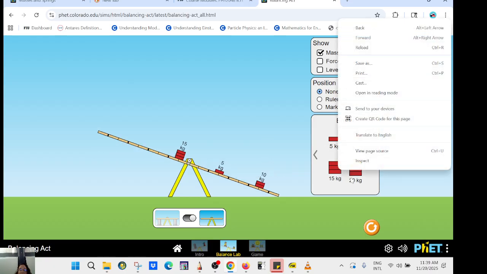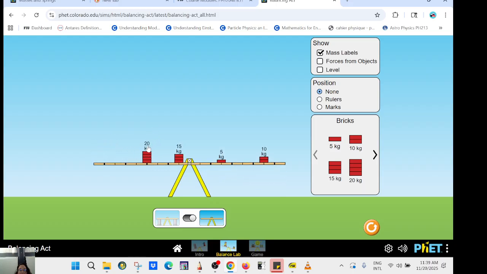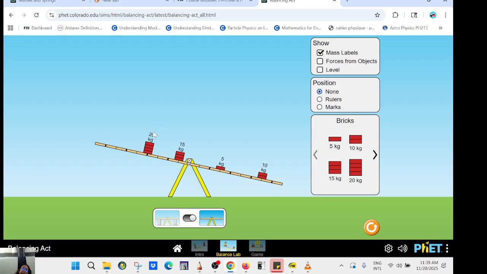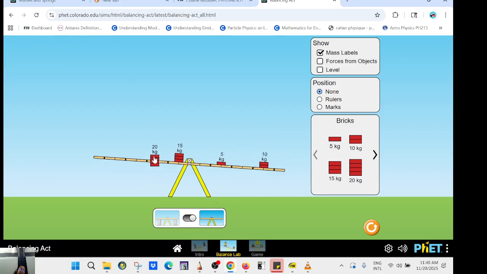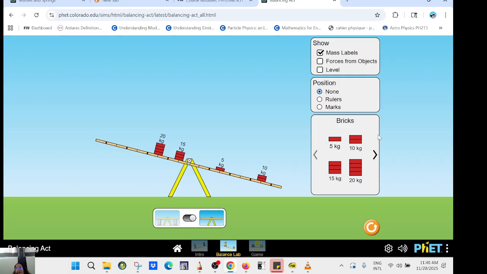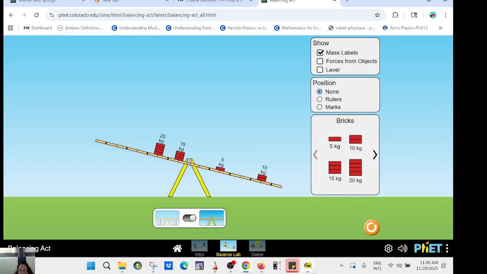And then you can try it. So somewhere there. Okay, you can play with it. So that means this distance times that mass plus this distance times that mass equals this distance times this mass plus that times that. It should be in between, but I can't. But you get the idea. It's fun.